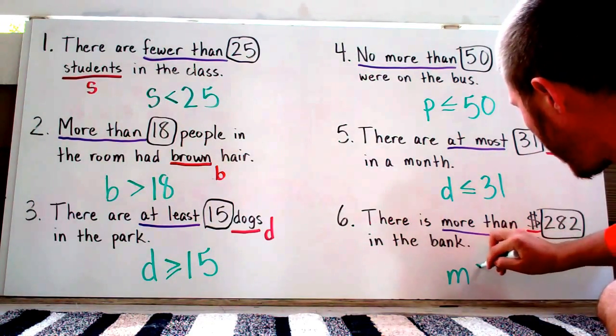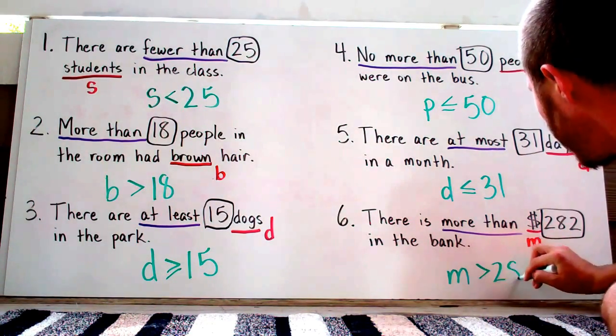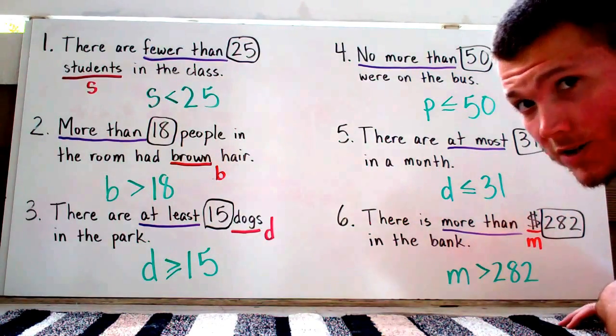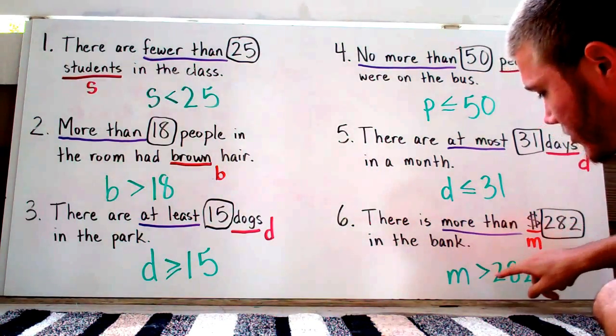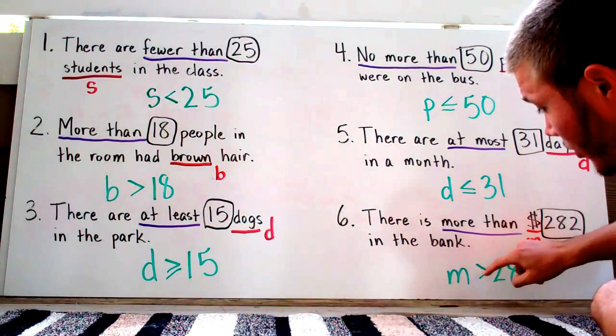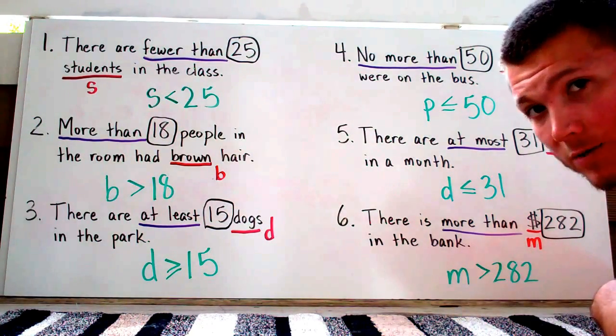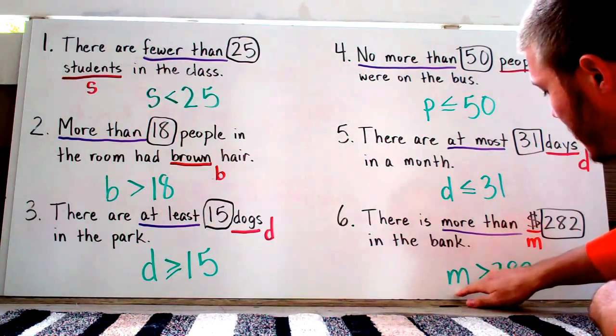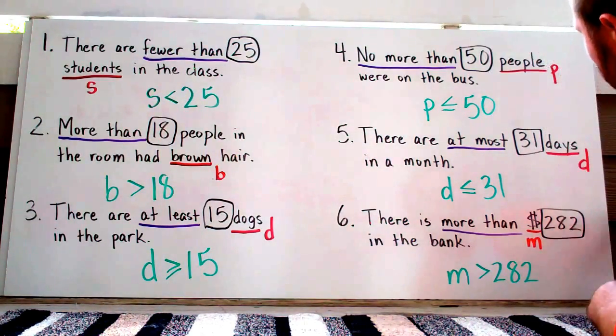M is greater than 282, right? It says it's more than 282. So 282 isn't a possible solution for M, meaning we're not going to have that or equal to sign underneath the gator mouth, underneath that inequality sign. So the amount of money is greater than 282.